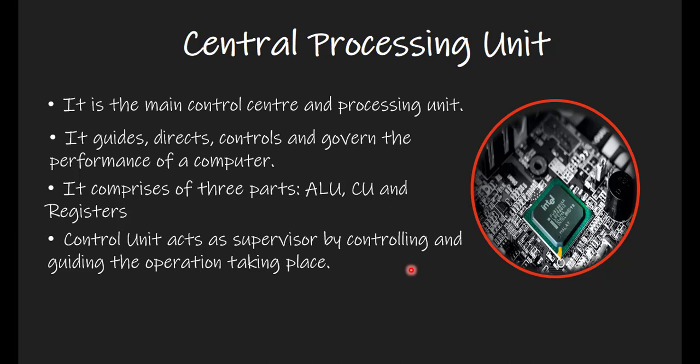Like if you want to give input to the computer through the keyboard, then the control unit will control it, like when you can give input and when not to accept the input from the keyboard. And if we want to display some information on the monitor, then it will be controlled by the control unit only. The control unit generates signals which control all the things that are happening in a computer system.